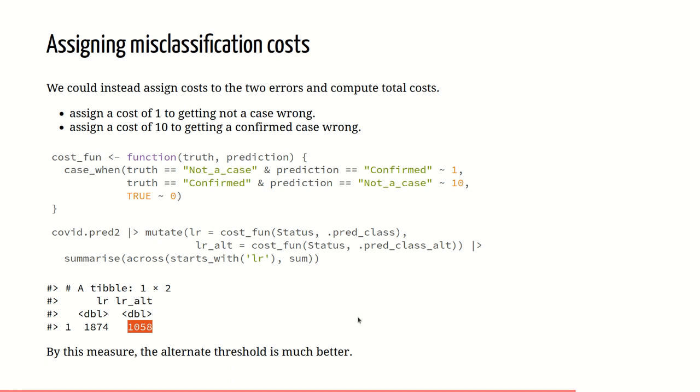So we've decreased the cost by over a third by moving the threshold. Okay, so this is an alternate way: if you can quantify the downside for getting it wrong in each case, then you can use that quantification to adjust the threshold directly.